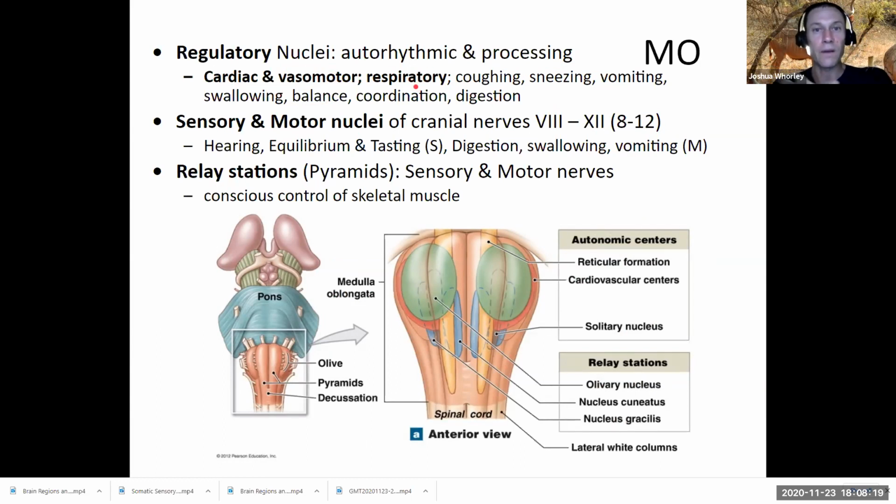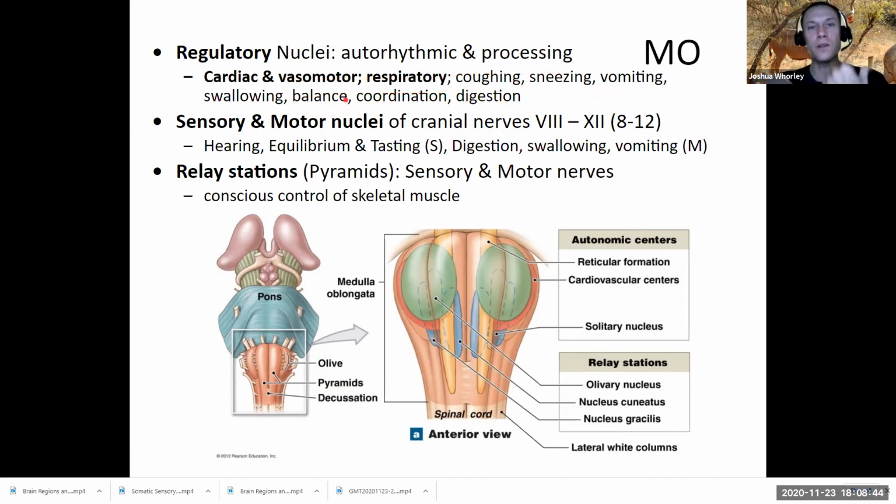Respiratory depth, how deep is that breathing? Coughing, clearing something from your airway. Sneezing, clearing something from the other airway. Vomiting, clearing something that you shouldn't have eaten. Swallowing, balance, just sort of a general coordination of your body, and digestion, so secretion of digestive enzymes, things like that. So lots of reflexes here, right?